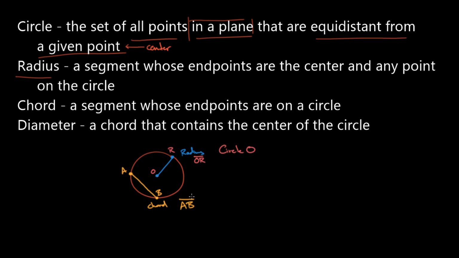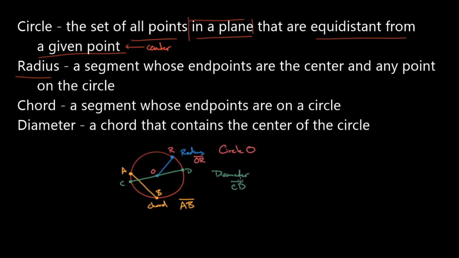And then, of course, our diameter. Diameter is just a specific type of chord. It's a chord that goes through the center of the circle. This would be my diameter, so we'll call this C and D, and this would be my diameter then, which is segment CD.